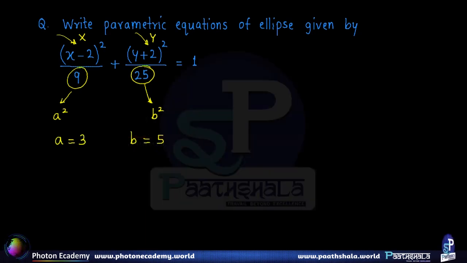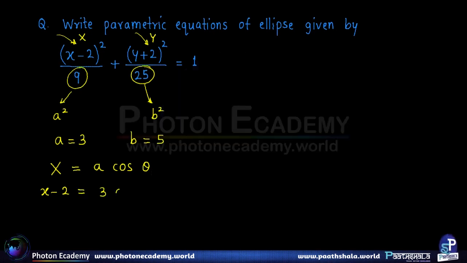And now the parametric equations are given by x is equal to a cos theta, but since there is a shift of origin, the capital X is nothing but small x minus 2, that is equal to a is 3, so we have 3 cos theta, and hence we get x is equal to 2 plus 3 cos theta.